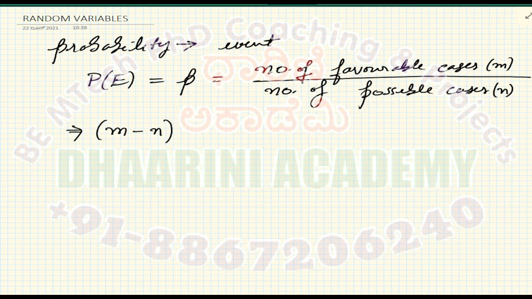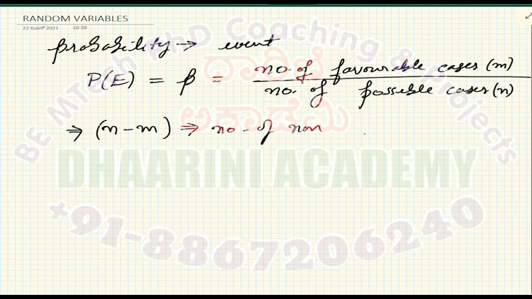Sorry, n is bigger, so it has to be n minus m. So there will be n minus m non-favorable cases.